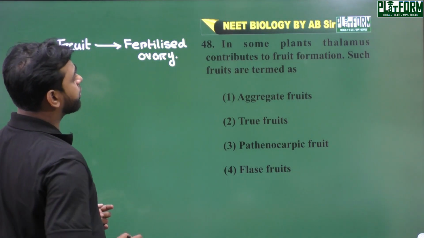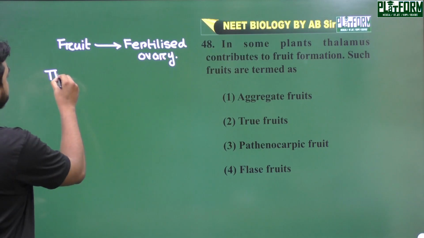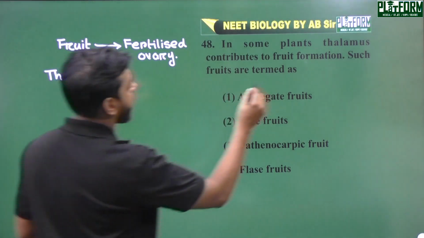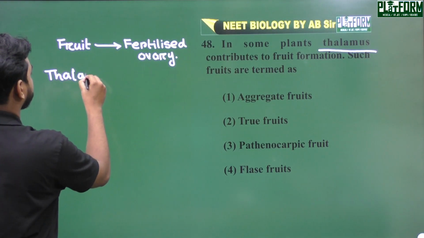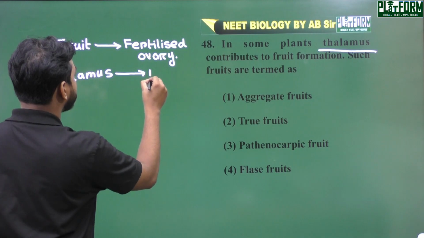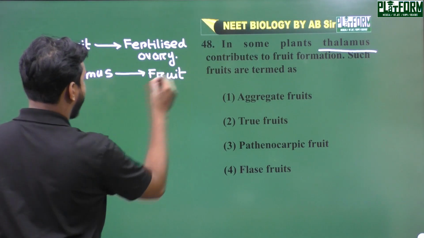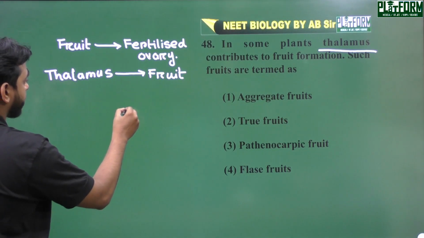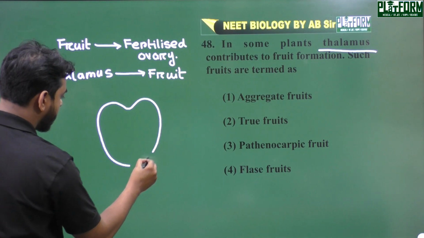So in case of the false fruit, we will see that the thalamus is converted into fruit, as it is found in case of apple. Let us assume this one is an apple.